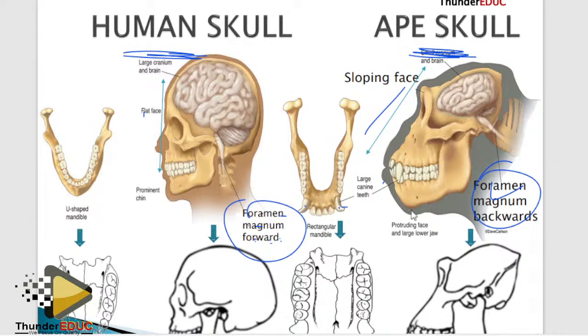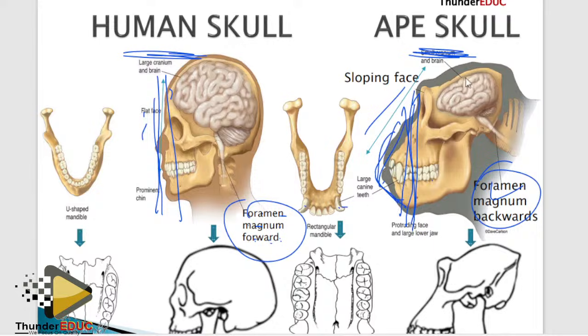Then prognathus, the protruding jaws. Look at the jaws here: they are protruding out. If I draw a line here, you see that the protrusion is too much, while here it is just straight. This is the protrusion of the jaws.